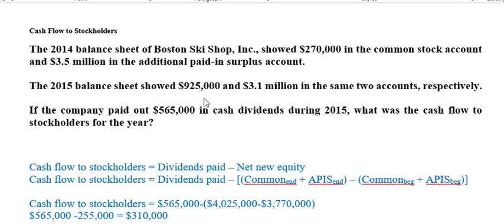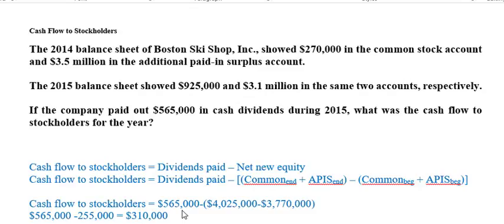We're adding those two numbers together, 925 and 3.1, and we came up with $4,025,000. We're going to subtract from that the year previous accounts, which was 270 plus 3.5 million, or a total of $3.77 million. As you can see, I put those in parentheses. So this minus this. Now, order of operations, we do those first.